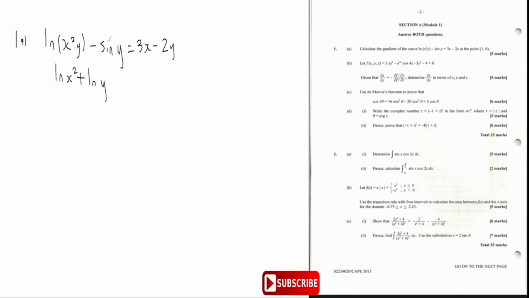Then I just write minus sine y, equal to 3x minus 2y. All I did was use laws of logarithms to rewrite ln x squared y as ln x squared plus ln y. Now I can differentiate.